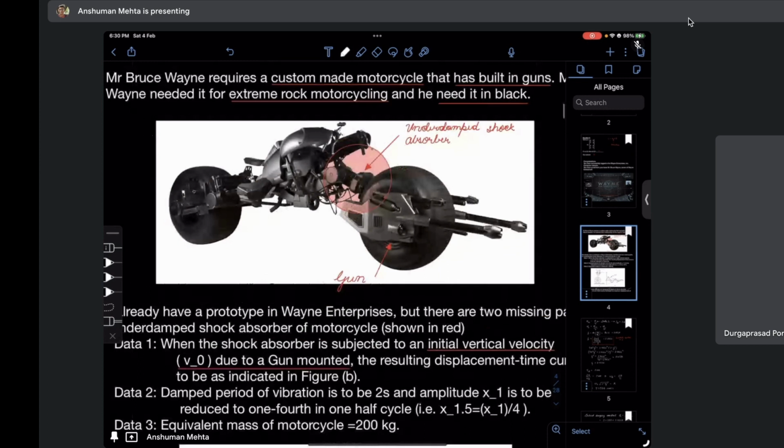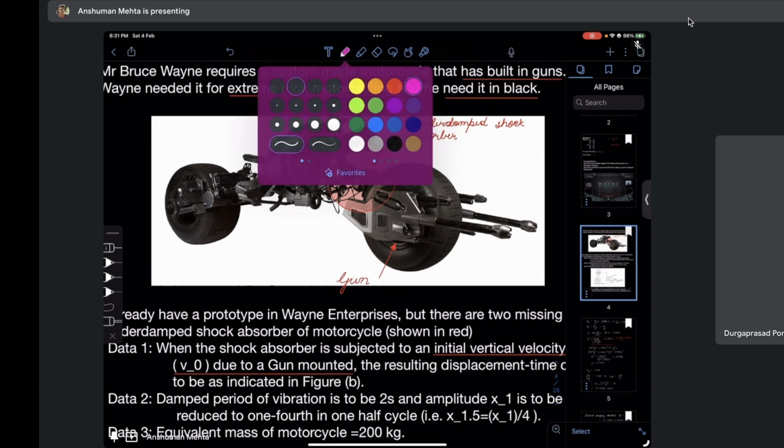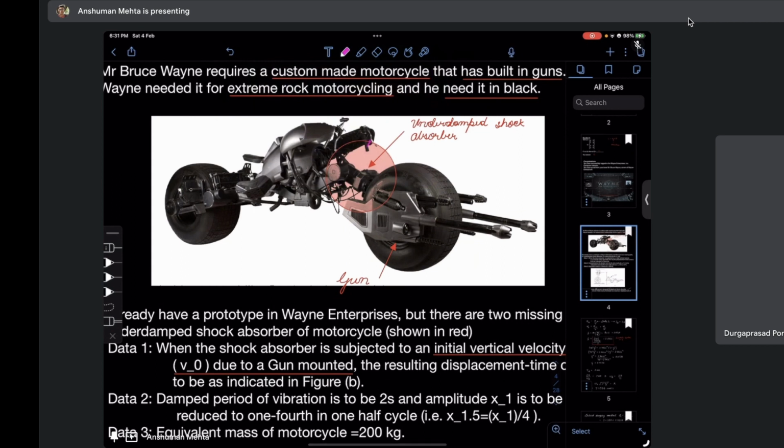Now I am showing you what this maximum displacement means. As you can see here, at one end of the shock absorber there is this pink point which I have just marked, and at the other end of the shock absorber there is a tire.